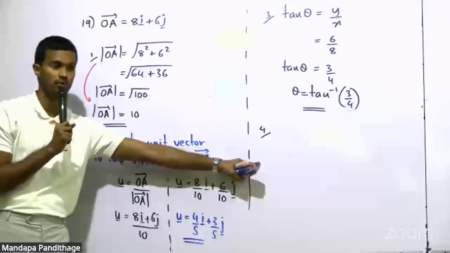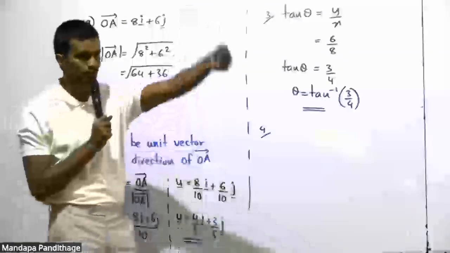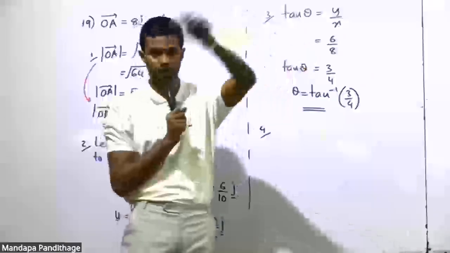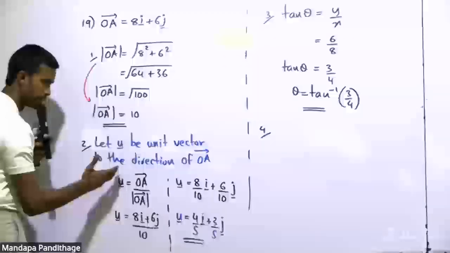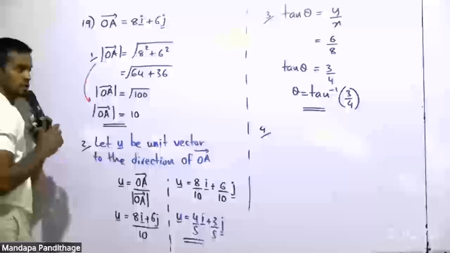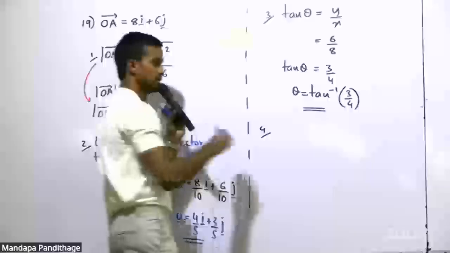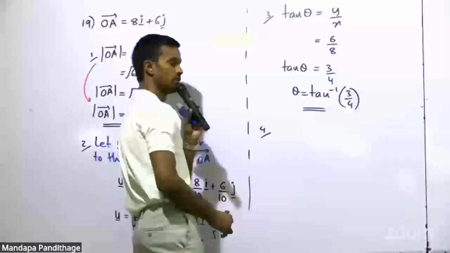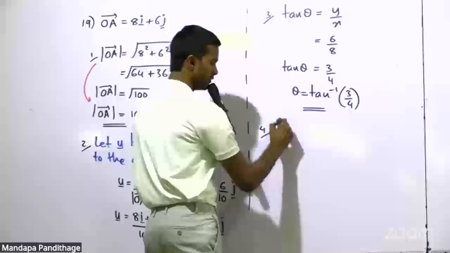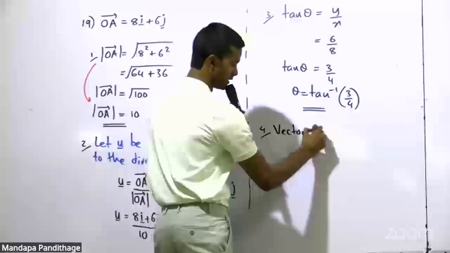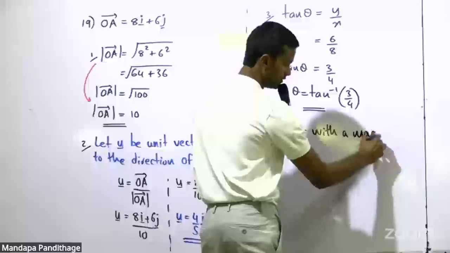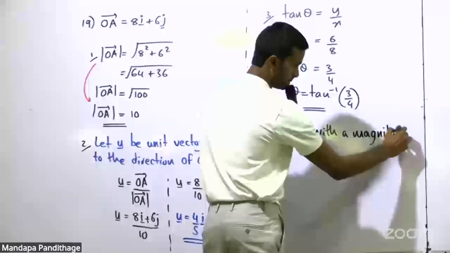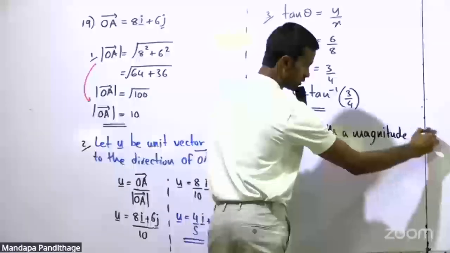5u. If the price of one mango is 20, how can we take the price of 5 mangoes? We have to multiply by 5. Simple thing. So here, the unit vector is u, so the required vector, the vector with a magnitude of 5, is equal to 5u.